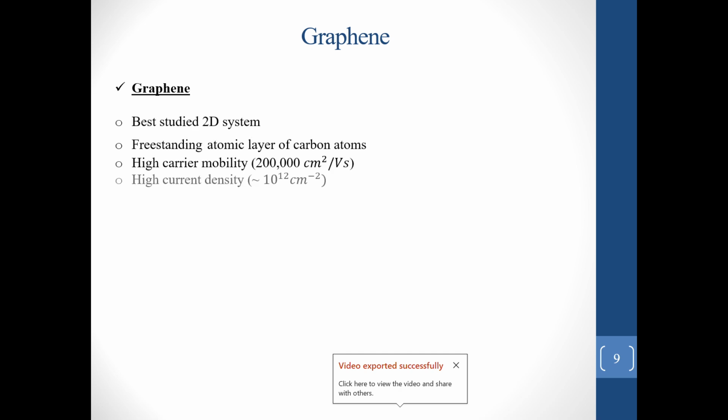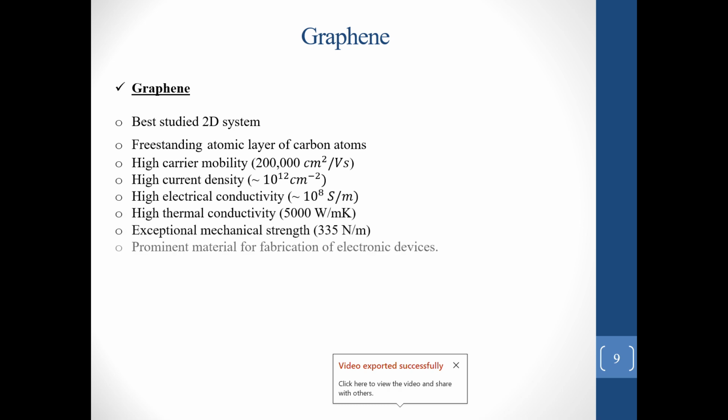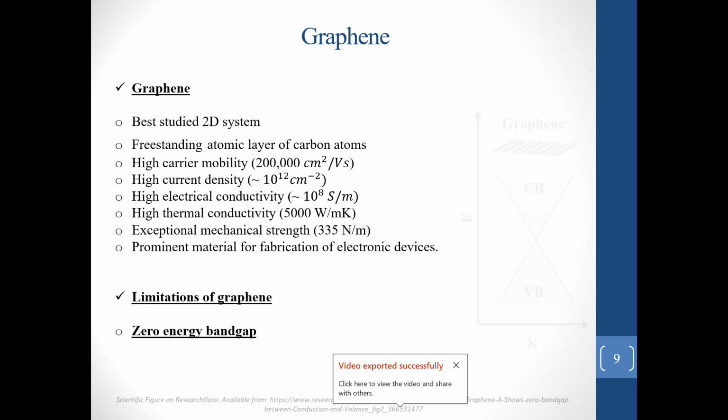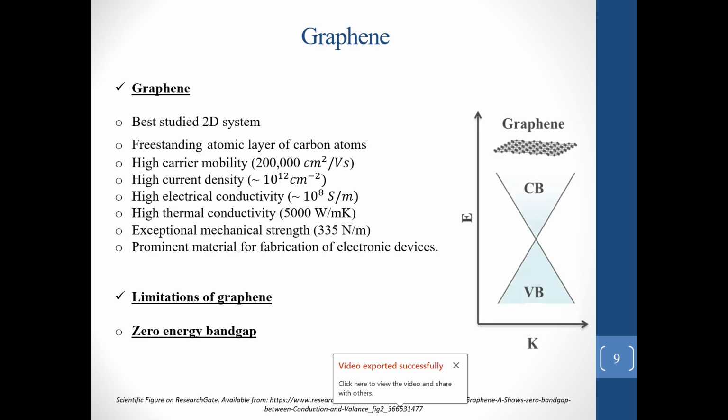Okay, now move on towards graphene. What is graphene? Basically, this is the best studied 2D material, and its freestanding atomic layer of carbon atoms means you can remove the layer of graphene from any substrate easily.